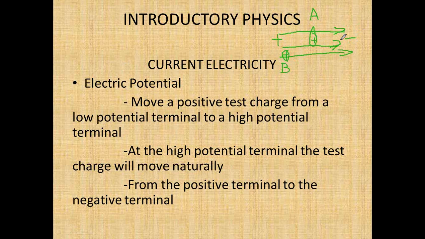You don't have to do anything. It's normally attracted there. So we call this the low potential terminal. And this is the high potential terminal because you have to do work in order to get your positive test charge over here.